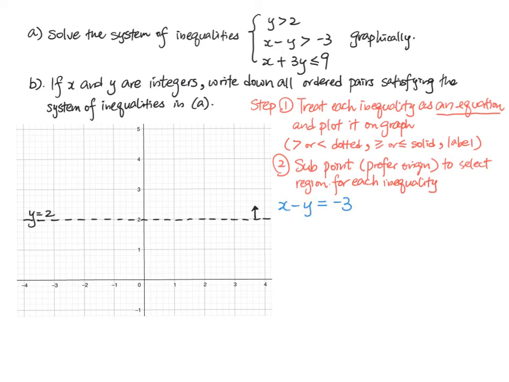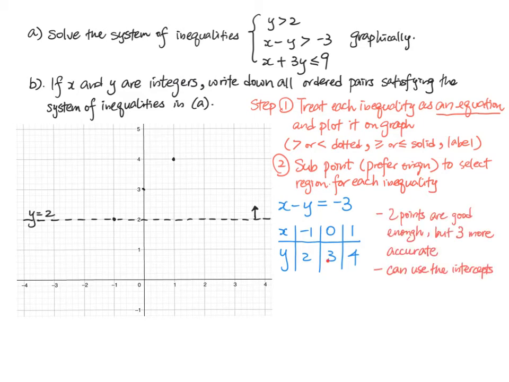So step 1, we are going to plot this equation on a graph. What you need to do is make up some numbers for your x, and then put them into the equation, and you get the corresponding y's. So in this case, it will be this point, and this point.